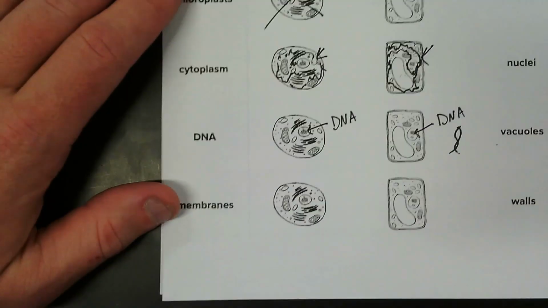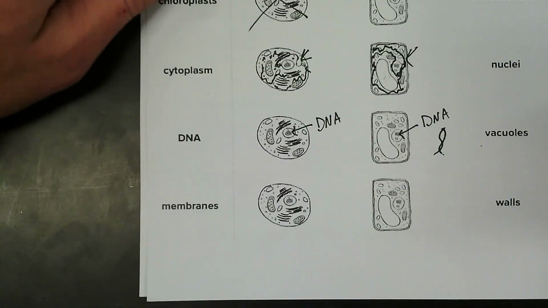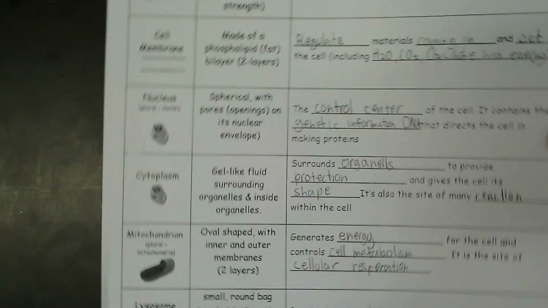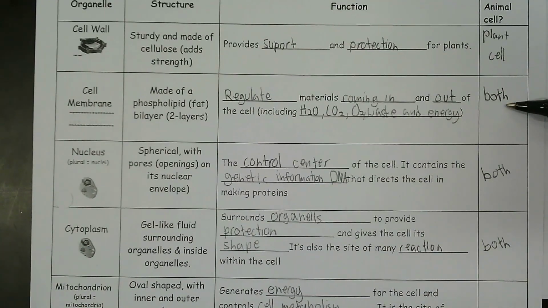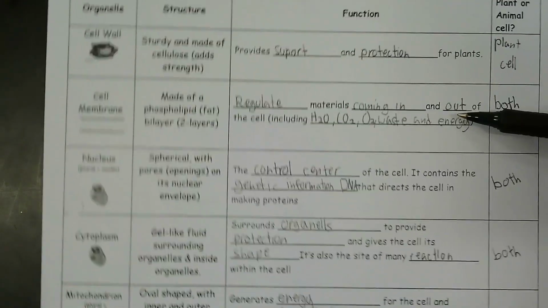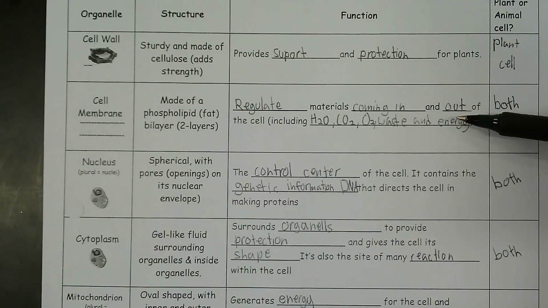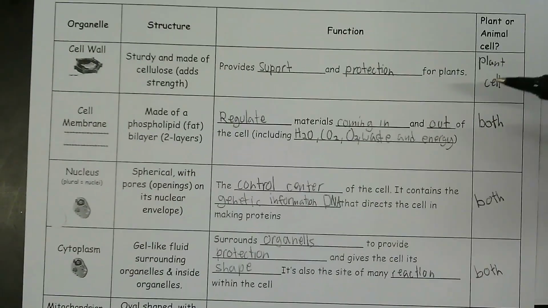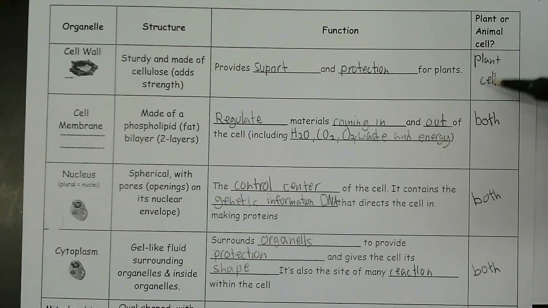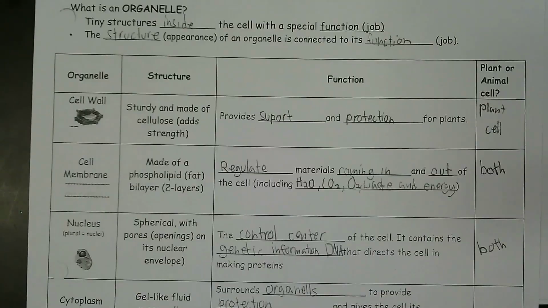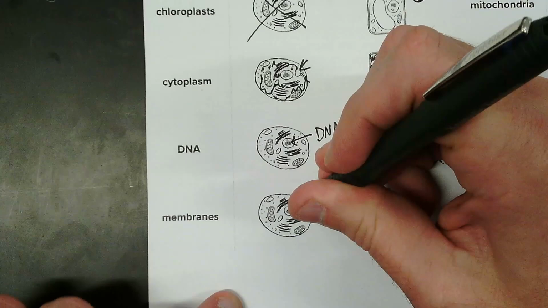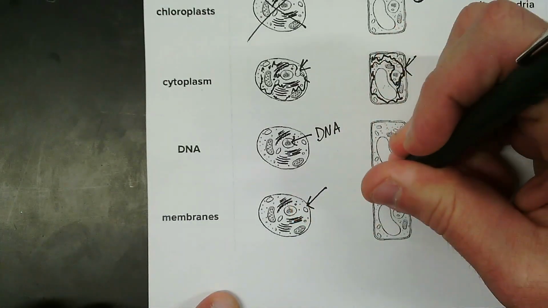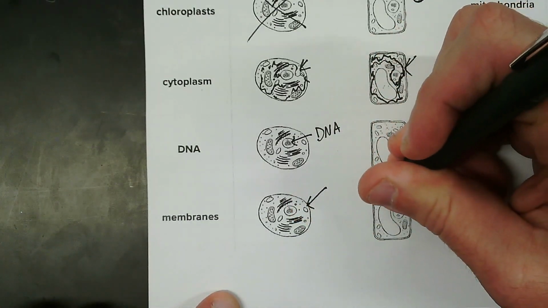Okay, so the cell membrane. What do we know about the cell membrane? It's found in both. It regulates what's coming in and out of the cell. So we need to think about where it would be located. We know that plants have a cell wall. Is it on the inside or outside of the cell wall? So hopefully when you drew your cell model, you noted that the membrane is inside the cell wall.